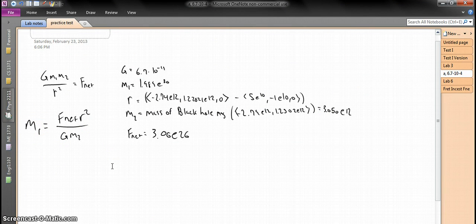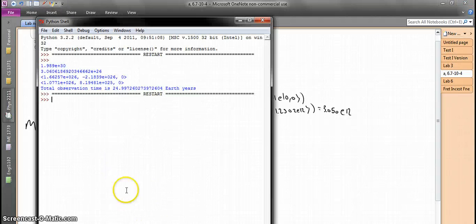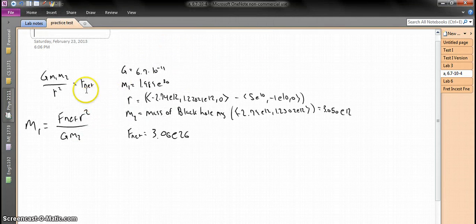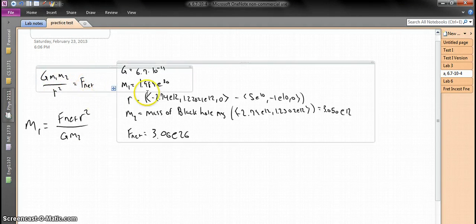Since gravitational force is the only force acting upon the system, we can say it's equal to the net force. From the model, we were able to find the net force given by this value here, so we're able to say that the gravitational force was equal to the net force, which was about 3.06 times 10 to the 26th.